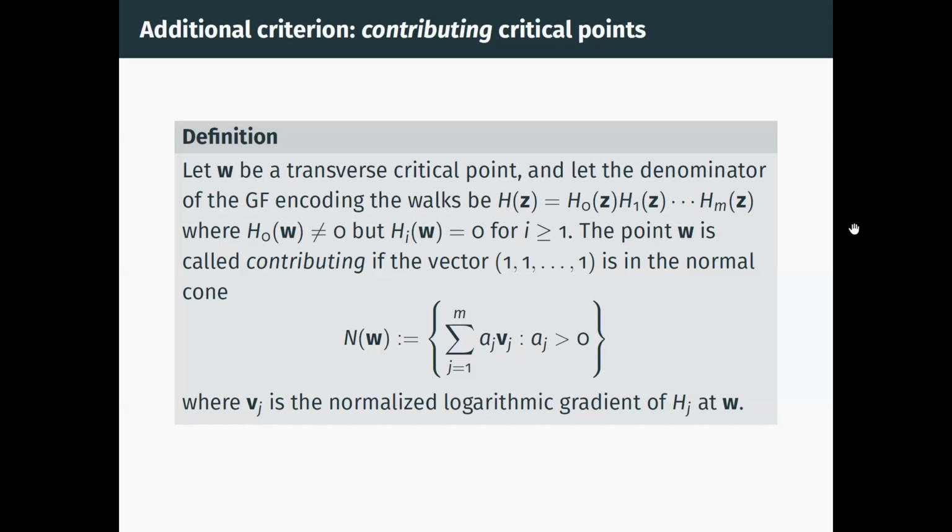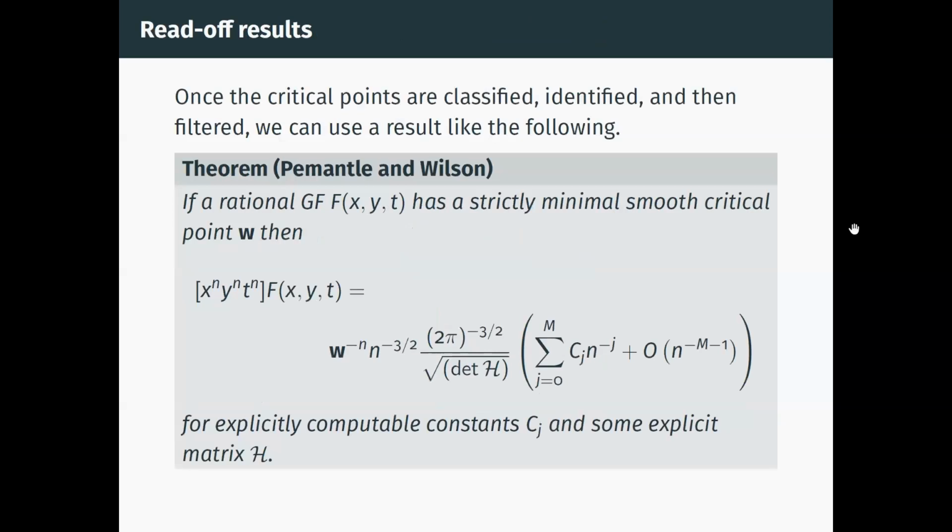And then I need to know whether the direction (1, 1, 1) is inside that normal cone or not. And if it is, then I can use existing read-off results. For example, Pemantle and Wilson, or Pemantle, Wilson, and Melczer, that textbook has lots of different categories of singularities, and you can apply those results to get the asymptotics once you know what critical point matters.